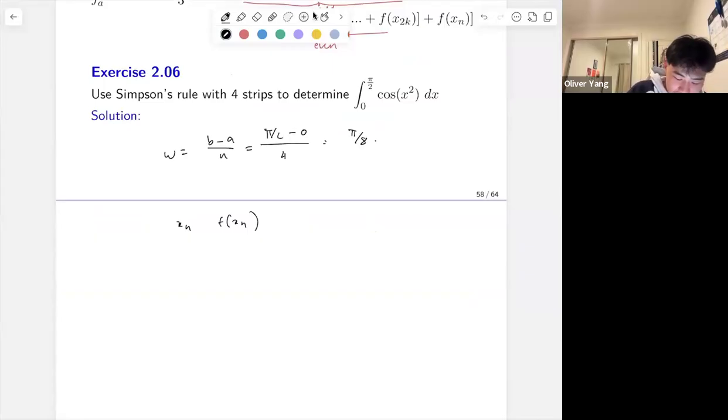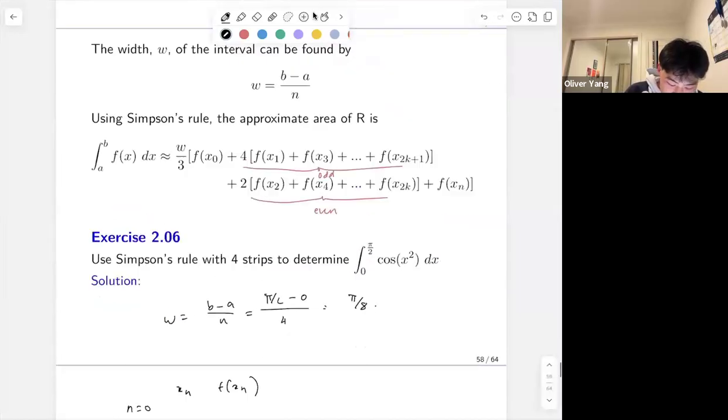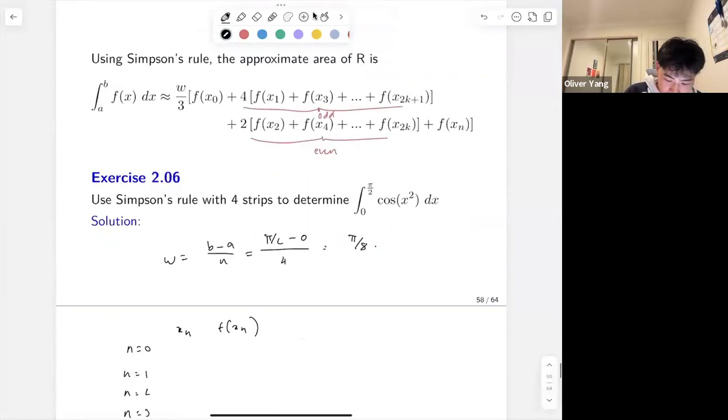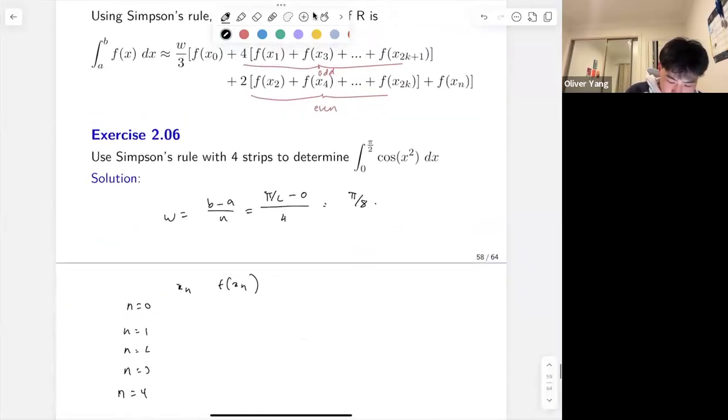So x_n and f of x_n, with n equals 0, n equals 1, n equals 2, n equals 3, and n equals 4. Actually, first we want to find the x_n's.